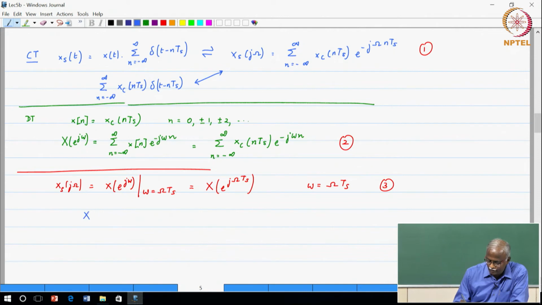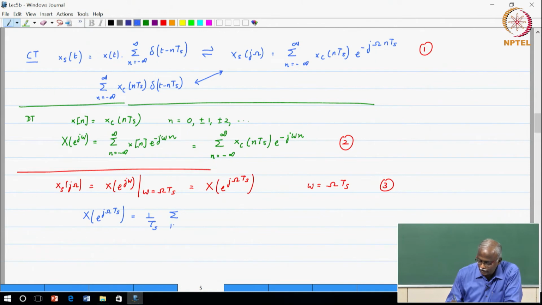Again, you may wonder why we are spending so much time on this. It actually is a very important element, this link between the Fourier representation of the continuous time signal and the discrete time sequence. So Xe(jΩTs) can be written as, comparing 1 and 3, 1 over Ts summation k equal to minus infinity to infinity, because X(jΩ) we already have derived to be equal to this expression.